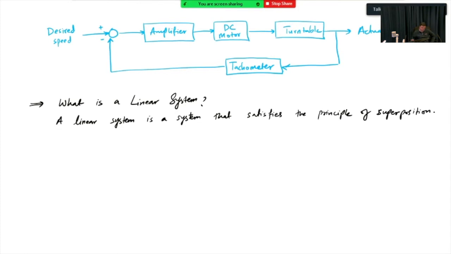Right, so if you've seen linear systems in other areas like linear algebra or in calculus, you would know that a linear function is a function that will satisfy the principle of superposition.